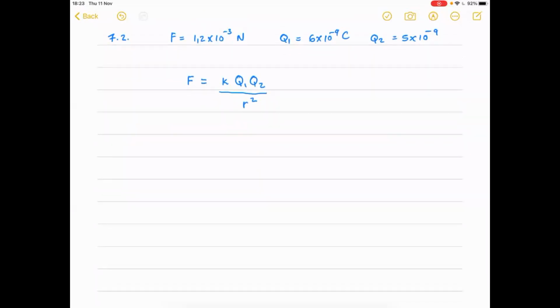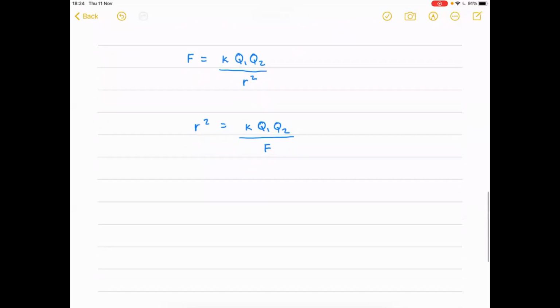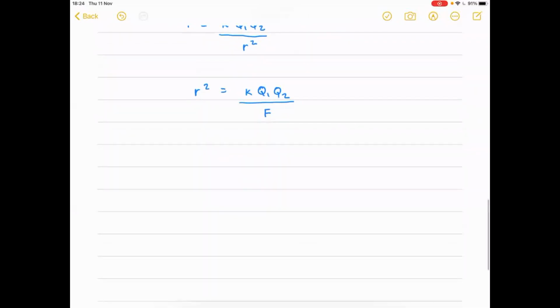Okay, and we are trying to find R, so I prefer to write it as R squared is equal to K Q1 Q2 divided by F. Okay, and then once you get to this stage, the rest of it is to put in the values and get your final answer.